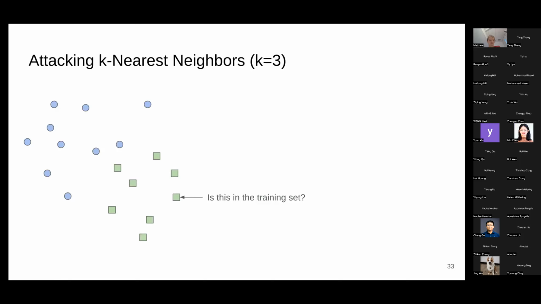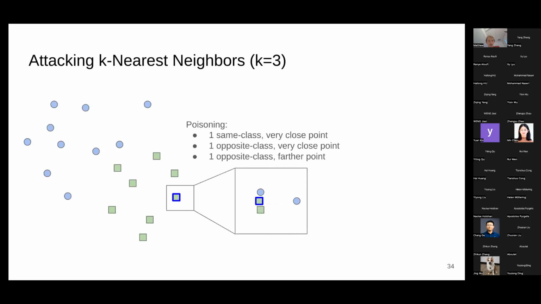There's a lot of points where this happens, like if they're far from all the blue points, you would expect that including any one of these green squares isn't going to do much. But it turns out that you can do poisoning to actually reveal whether this one point was in the training set. And I'm going to show you how.